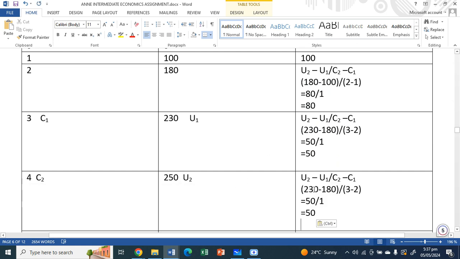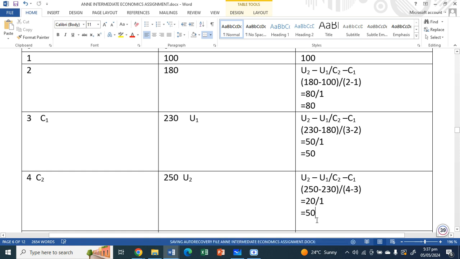All right, so our U2 is 250, our U1 is 230, C2 is 4, C1 is 3. So 250 minus 230, that is 20. 4 minus 3, that is 1. 20 divided by 1, that is 20 UTUs.